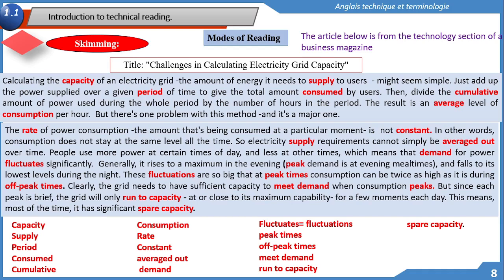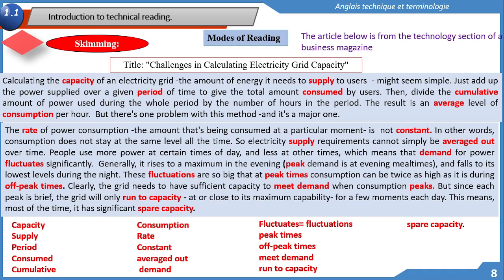and falls to its lowest level during the night. This fluctuation, or oscillation, is so big that at peak times consumption can be twice as high as it is during off-peak. The peak is brief.